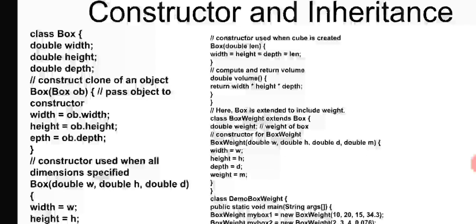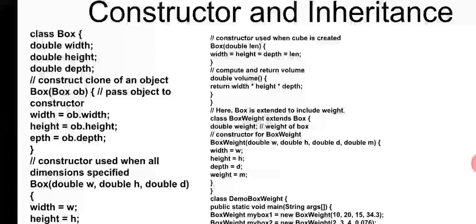Now you have one more constructor, Box with double length. This will take one parameter of type double, and you are assigning width, height and depth equal to length. When the constructor with one parameter is called, this value will be assigned to width, height and depth.